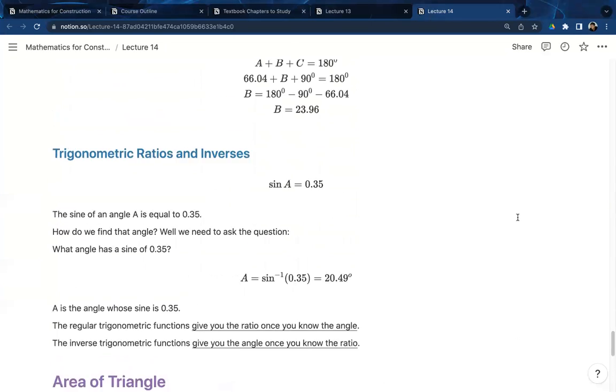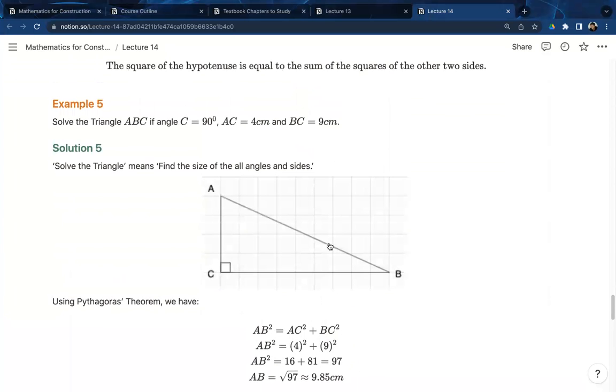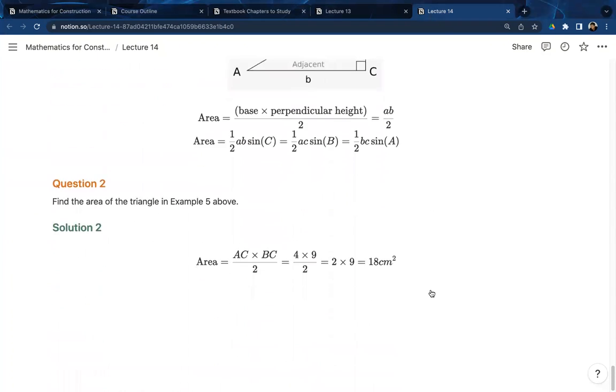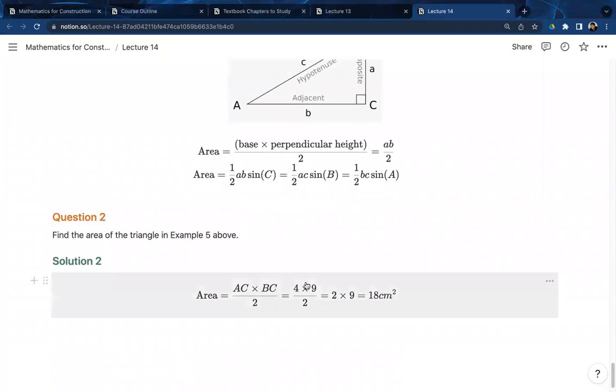In example 5, we want to find the area. Well, the perpendicular height AC, which is 4, by the base, which is 9: 4 by 9 divided by 2, that's 18 centimeters squared. The dimensions of the triangle were in centimeters, so that's why we say centimeters squared.